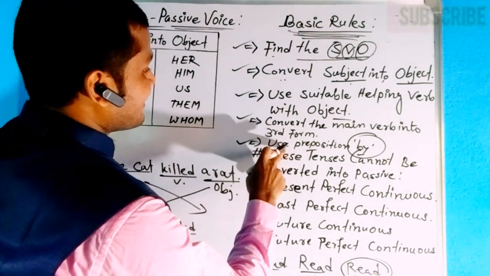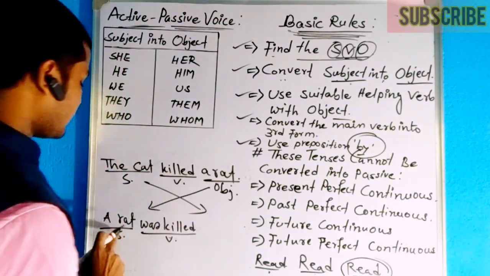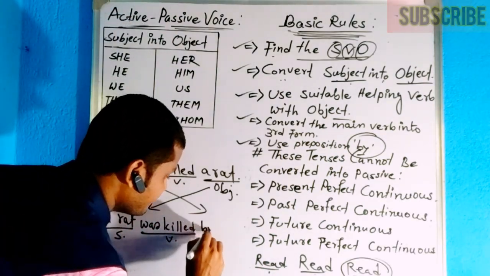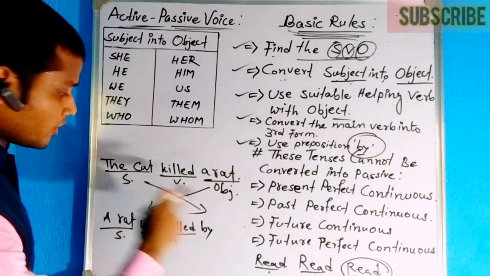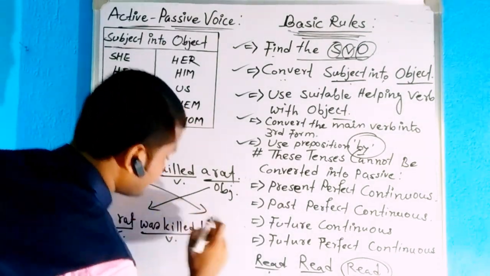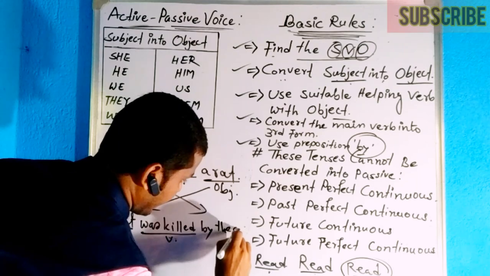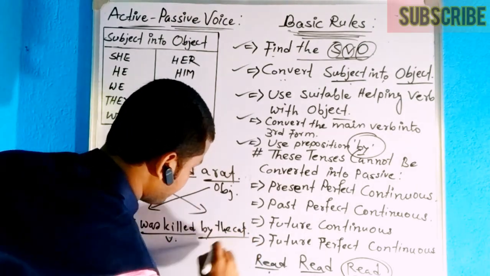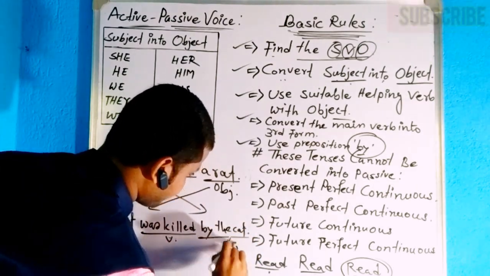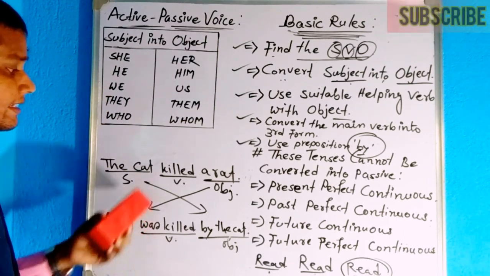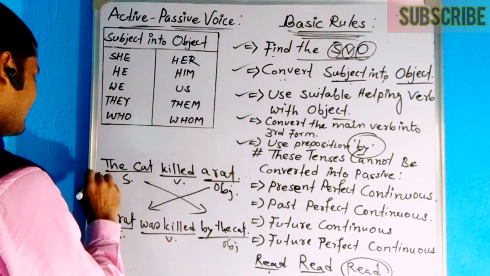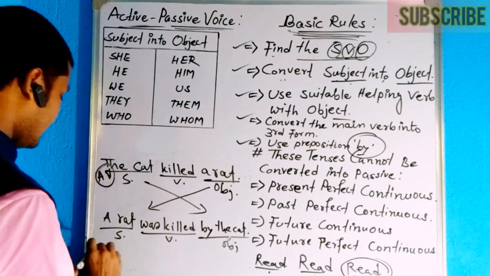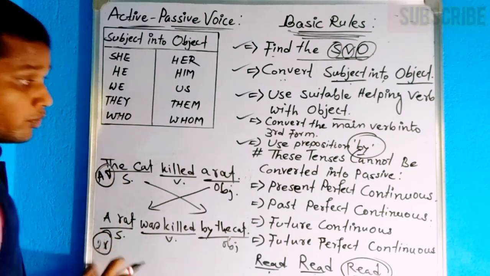Use the preposition by. So a rat was killed by, and the subject will be the object here: the cat. The meaning is the same, but this is active voice and this is passive voice.